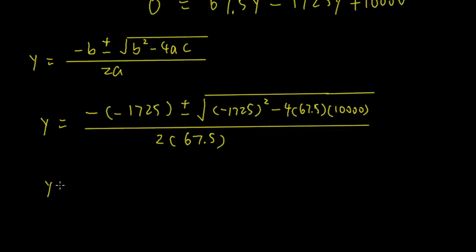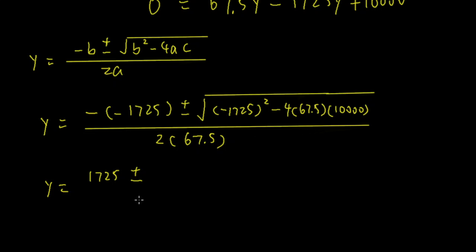Let's do this. Y is equal to, this is positive, plus or minus, so what would this be? 1725 squared minus 4 times 67.5 times 10,000.